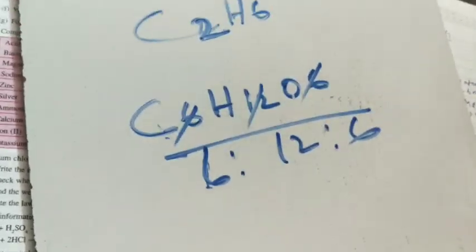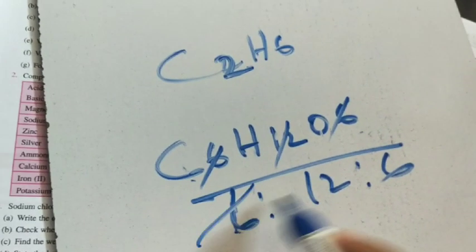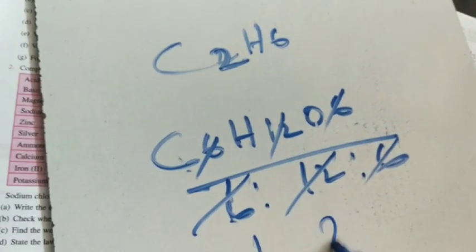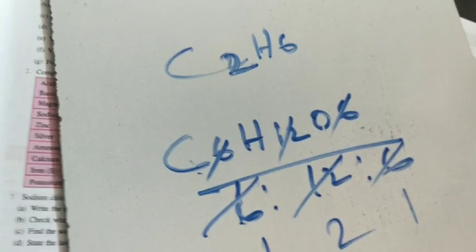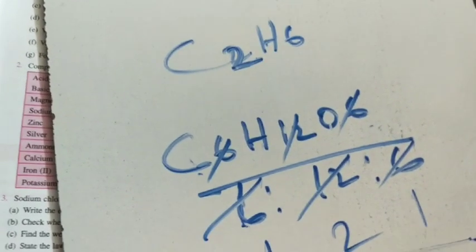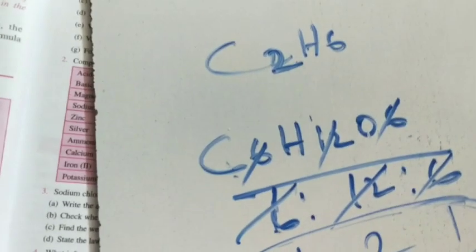Now 6 common, 6 1 is 6, 6 2 is 12, and 6 1 is 6. It is the simplest ratio because there is no highest common factor, HCF, other than 1. So it is the simplest ratio. Simplest ratio means dividing by the highest common factor. It is known as the simplest formula.